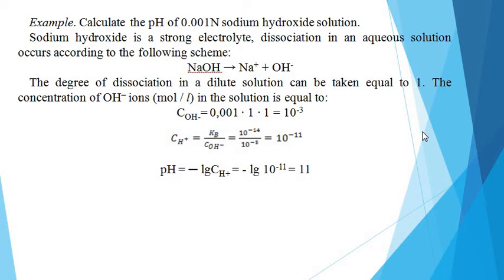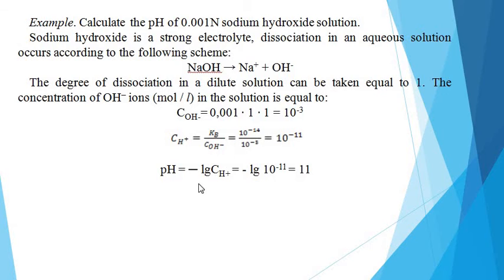The concentration of hydroxide ions in mol/liter in the solution is equal to 10 to the minus 3, because the concentration of the alkali is 0.001 normality, and so the concentration of hydroxide groups is equal to the concentration of the base.